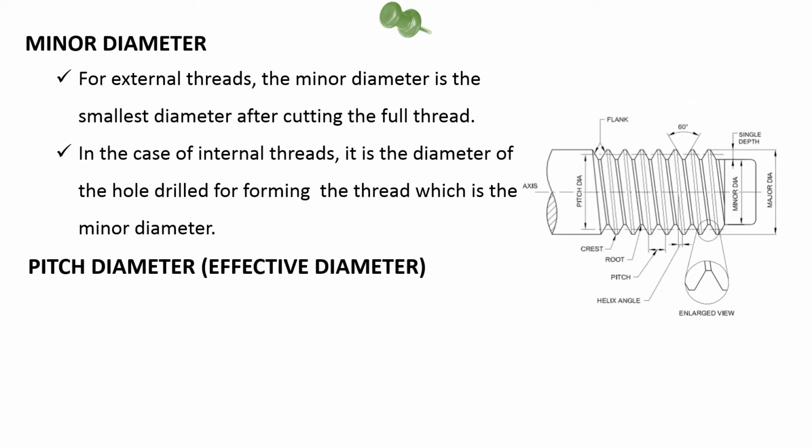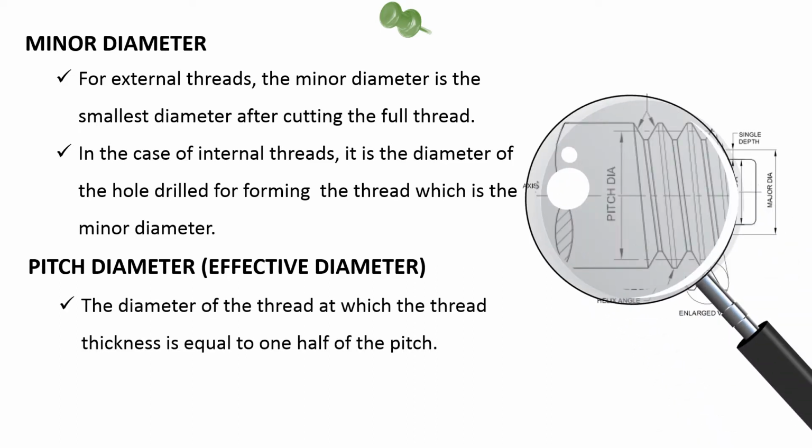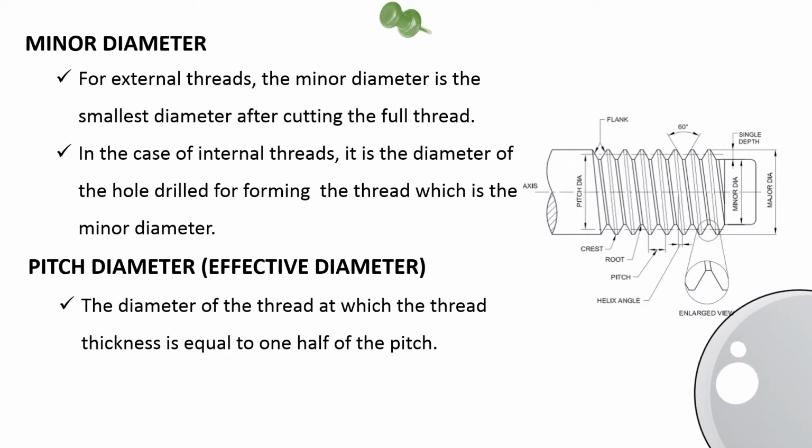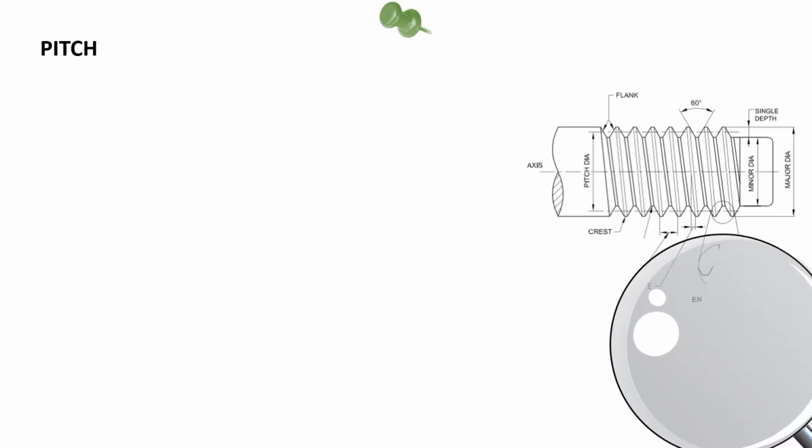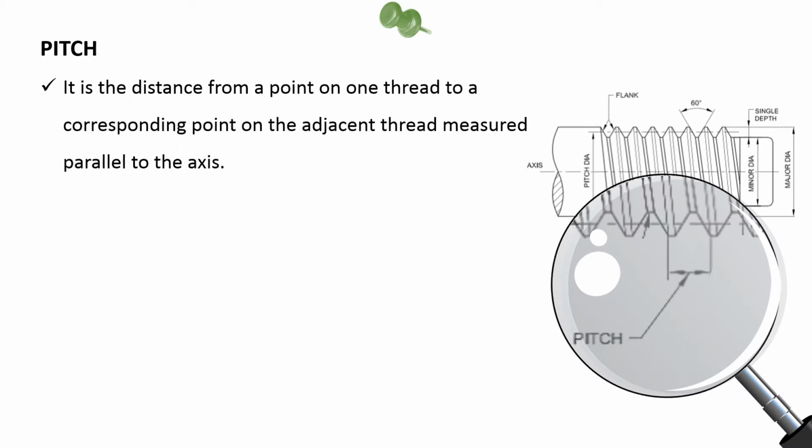Pitch diameter, effective diameter. The diameter of the thread at which the thread thickness is equal to 1/2 of the pitch. Pitch. It is the distance from a point on one thread to a corresponding point on the adjacent thread measured parallel to the axis.